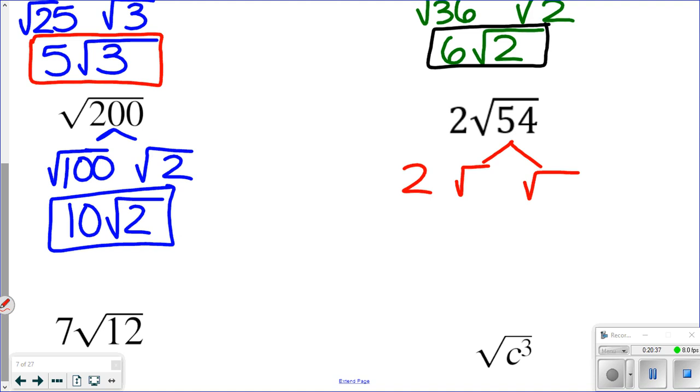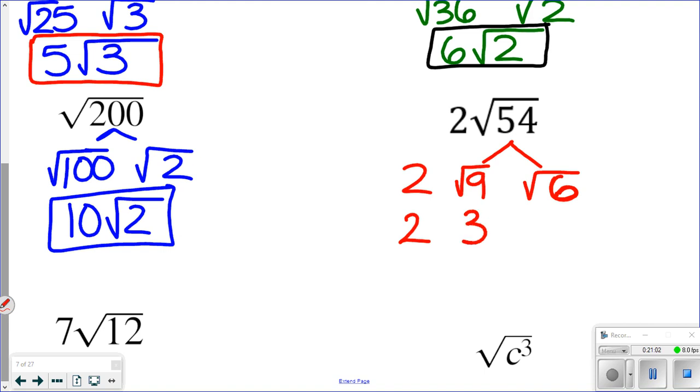Does 9 work? 9 times what is 54? 9 times 6 is 54. Okay, so again, I'm going to bring down my 2 so I don't forget about it. What is the square root of 9?